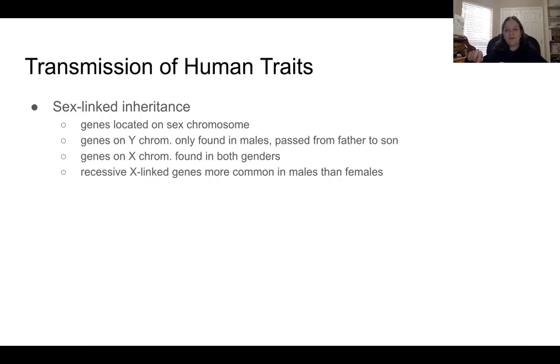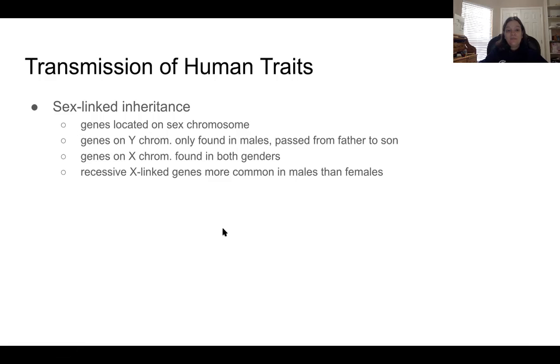In order for a female to have red-green colorblindness or any X-linked recessive condition, dad has to have it and mom at least has to carry it. And then your daughters would also at least have a chance of having that trait.